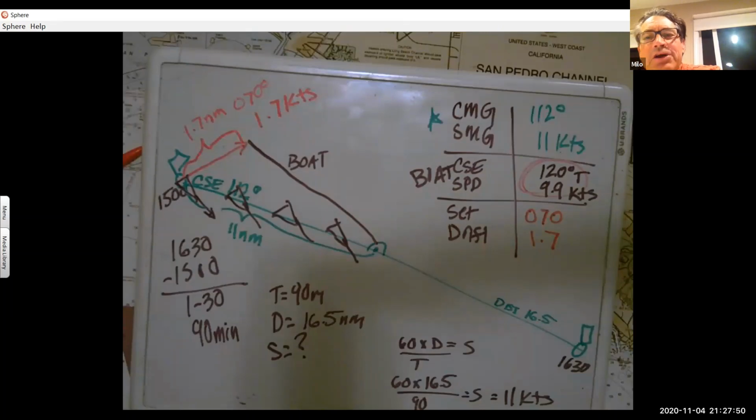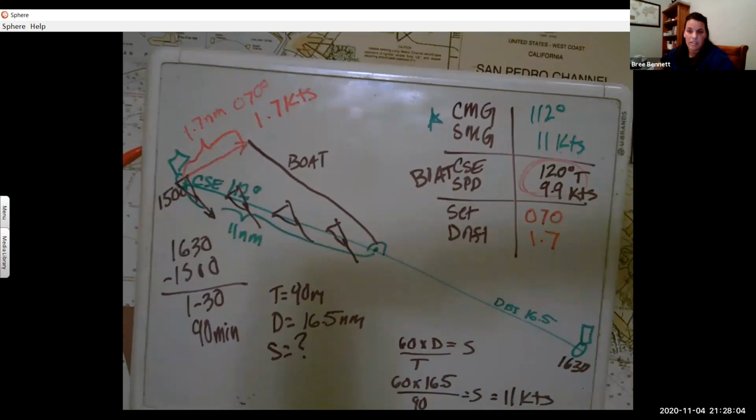The course made good is the same really as your DR. Your DR line, you do a DR line where you're going to be every hour, and that's kind of what your course made good is. So that would be what our desired course made good is. When we draw a track line, it's the shortest path from point A to point B. But if you're just using a known position and then doing what your heading is and what your boat's speed is, that DR is more of a boat line.